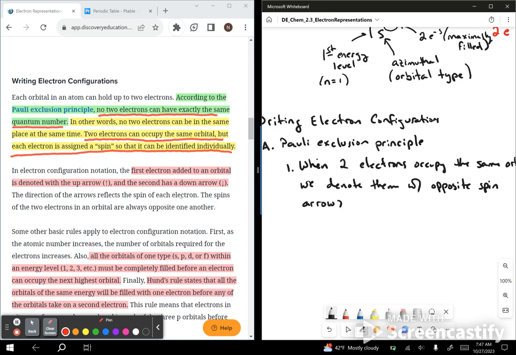So remember, if you remember our example, we said that when you're filling an electron configuration chart, you have an up spin and you have a down spin, okay? This represents the up spin, and this represents the down spin, okay?